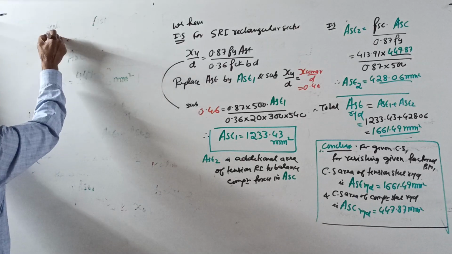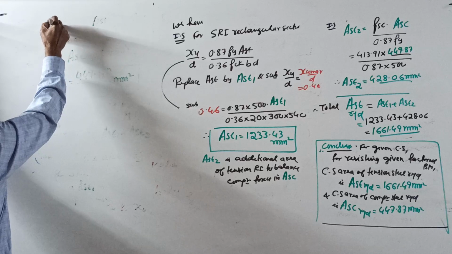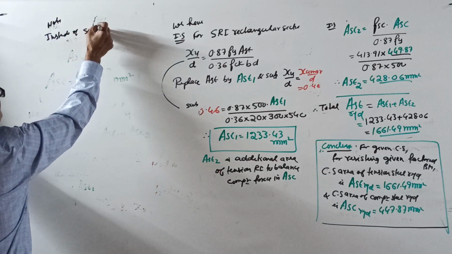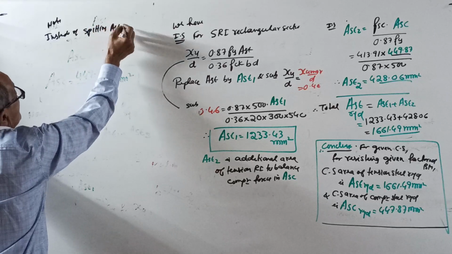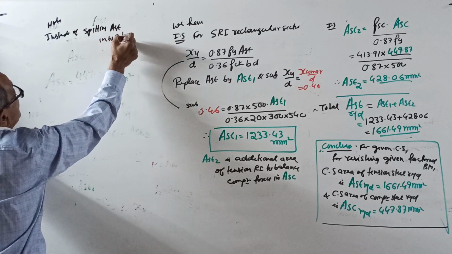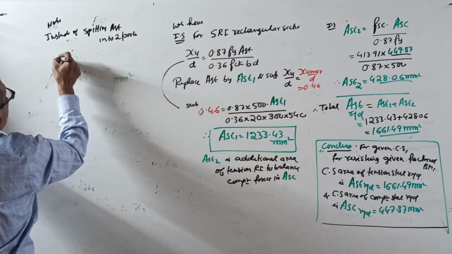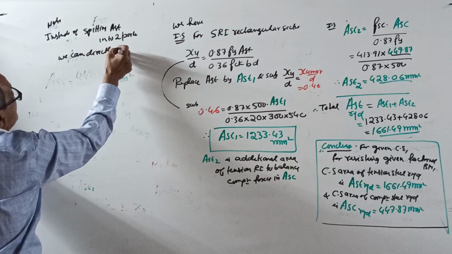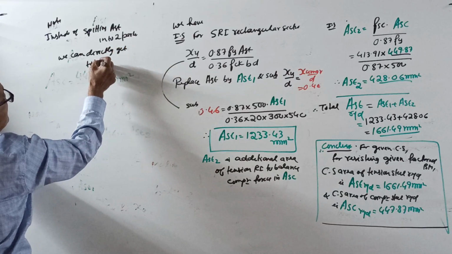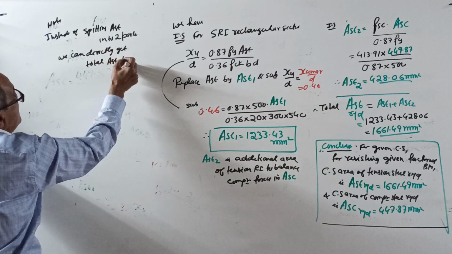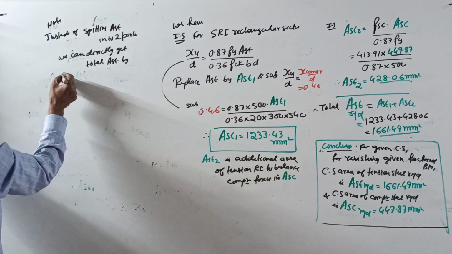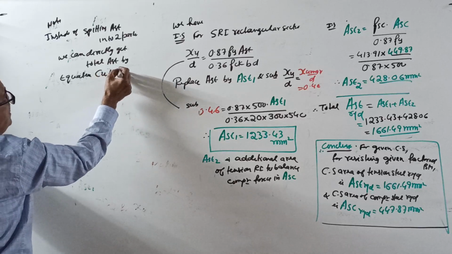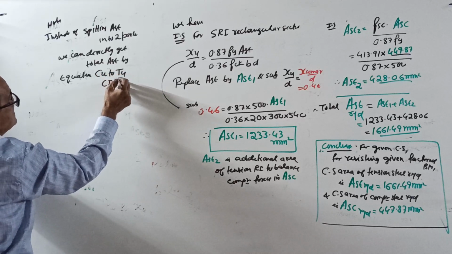Instead of splitting AST into two parts, we can directly get the total AST by equating Cu to Tu for the doubly reinforced section.